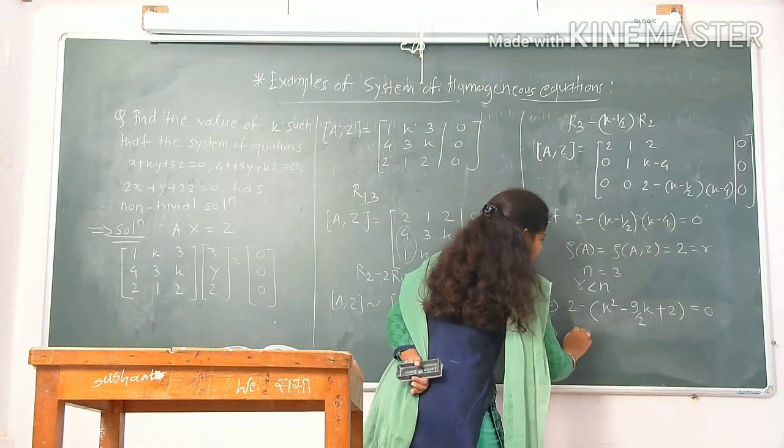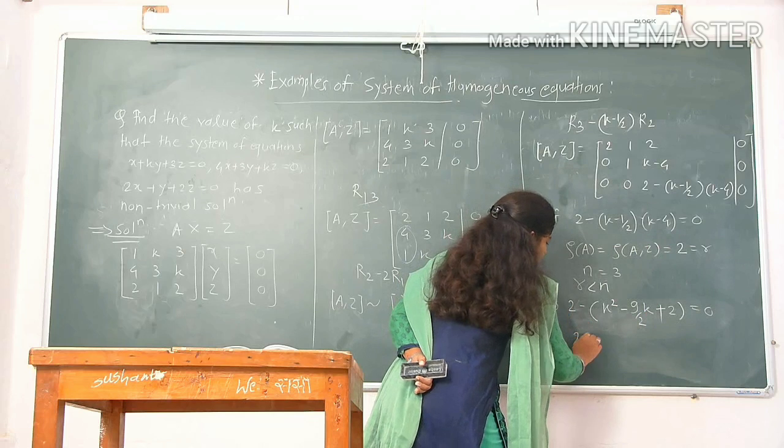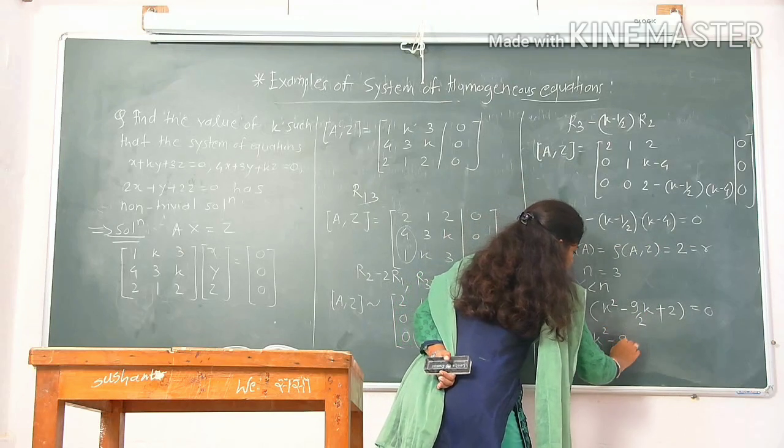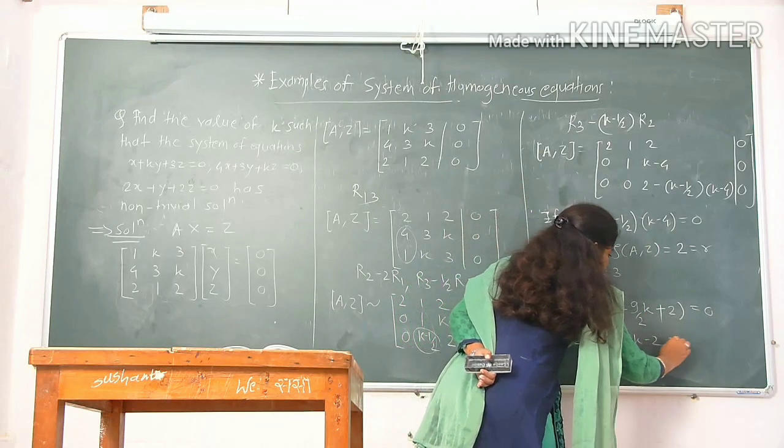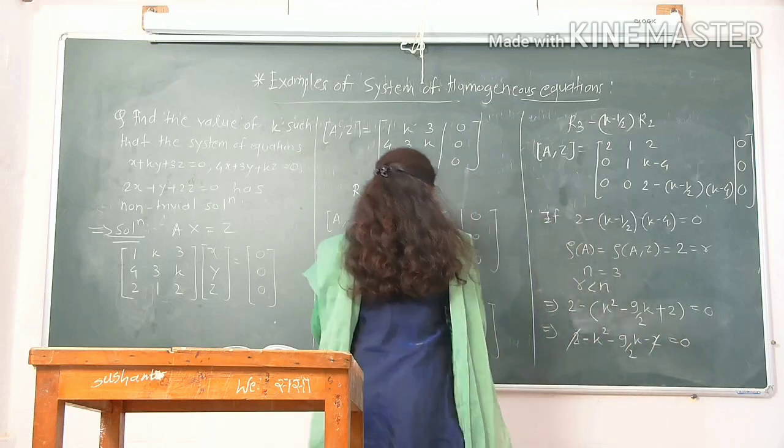So which implies 2 minus k square minus 9 by 2 k minus 2 is equal to 0, which is being cancelled.